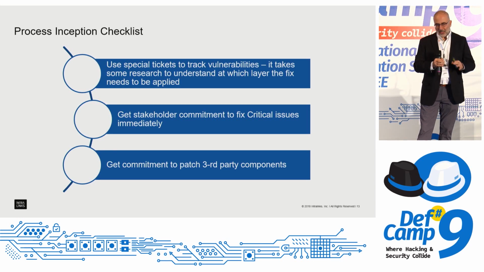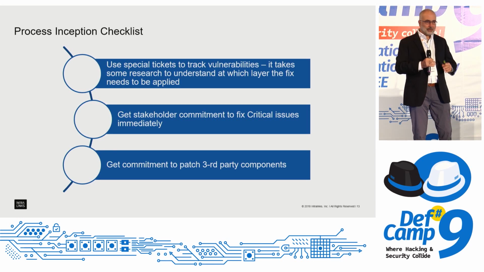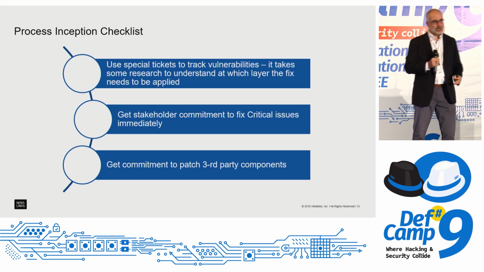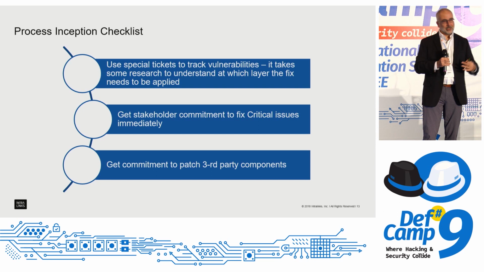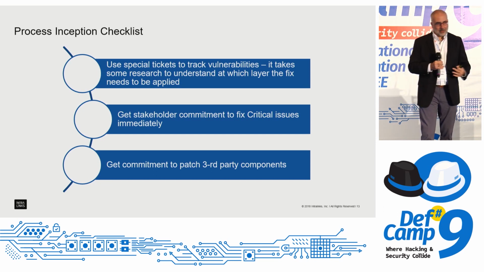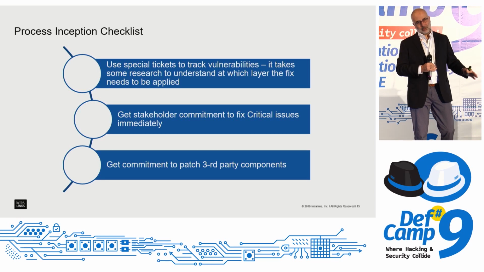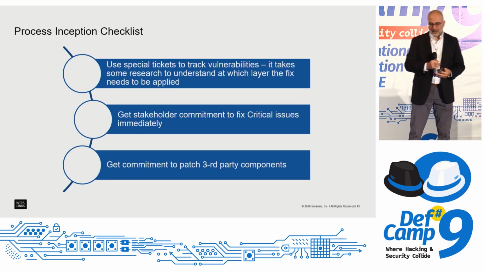You need to agree that there are these few things that we absolutely cannot have. Like in our world, we cannot have remote code execution in production. If anything like that comes up, we stop everything, fix that first. Nothing else is important. So that type of things.